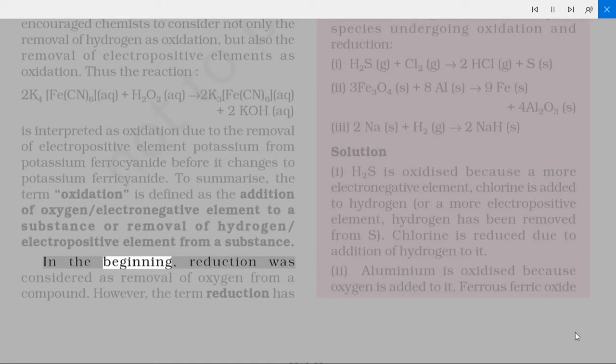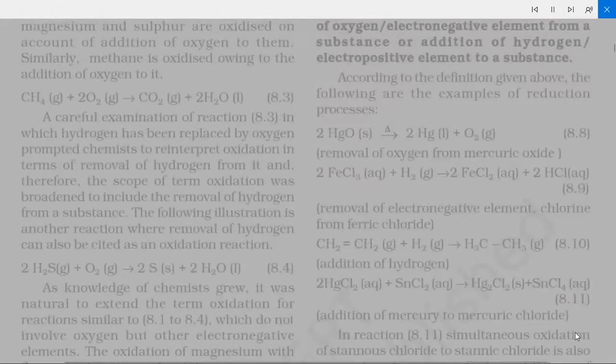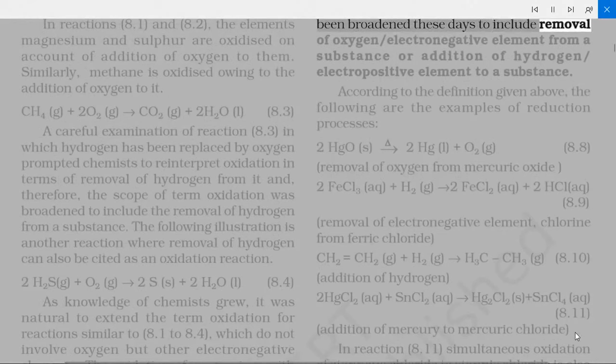In the beginning, reduction was considered as removal of oxygen from a compound. However, the term reduction has been broadened these days to include removal of oxygen/electronegative element from a substance or addition of hydrogen/electropositive element to a substance.